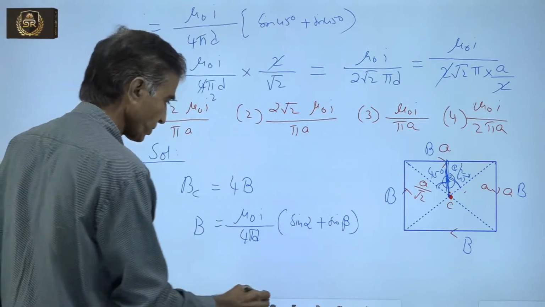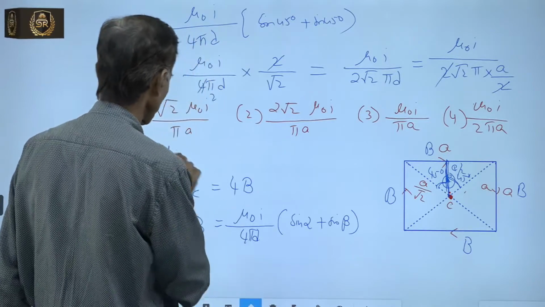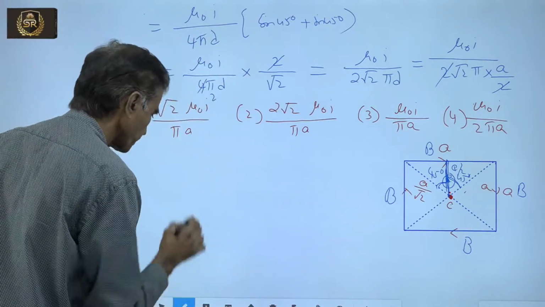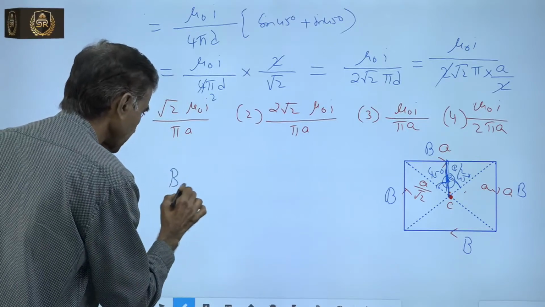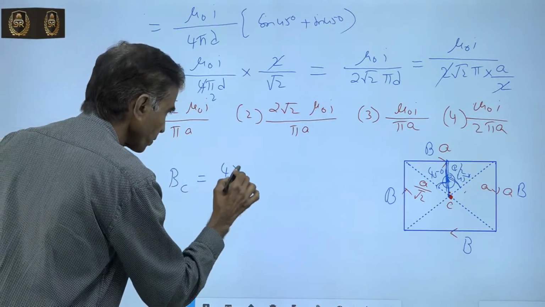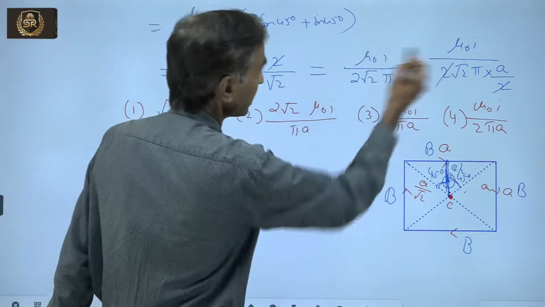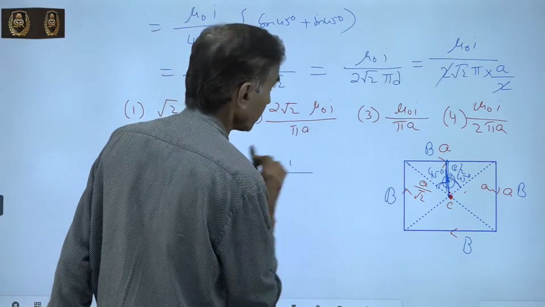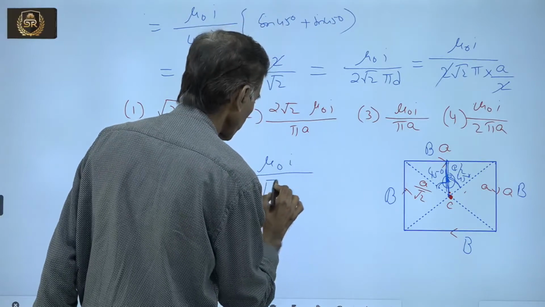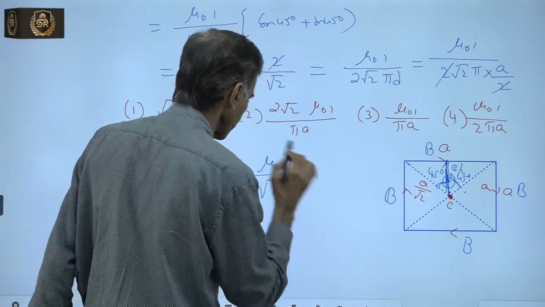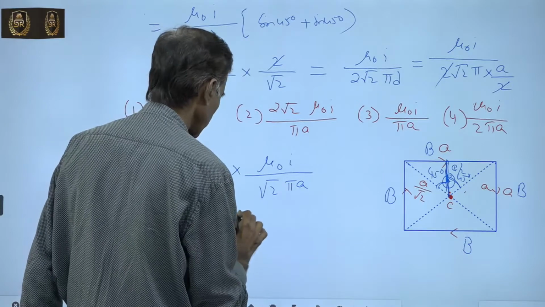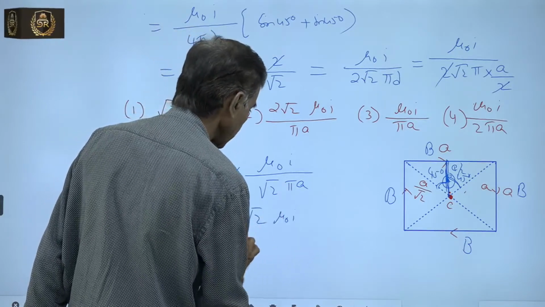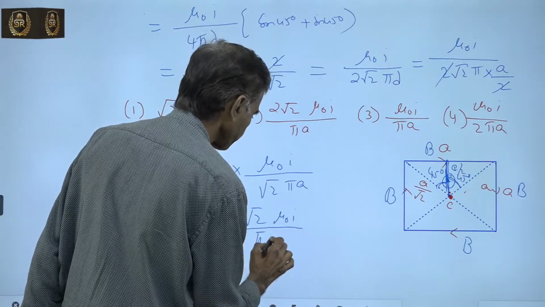So B at center equal to 4 into mu naught I upon root 2 pi a, right?